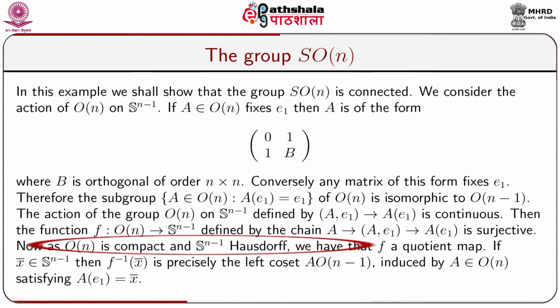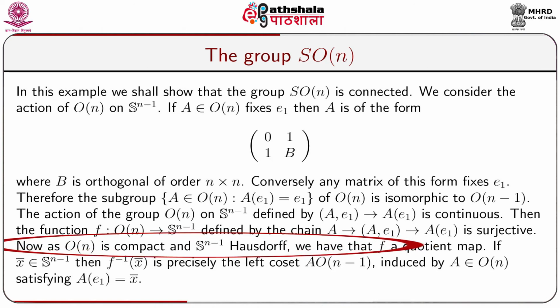Now O(n) is compact and S^(n-1) is Hausdorff, which makes f an identification map, because in that case f becomes a closed continuous surjective map.